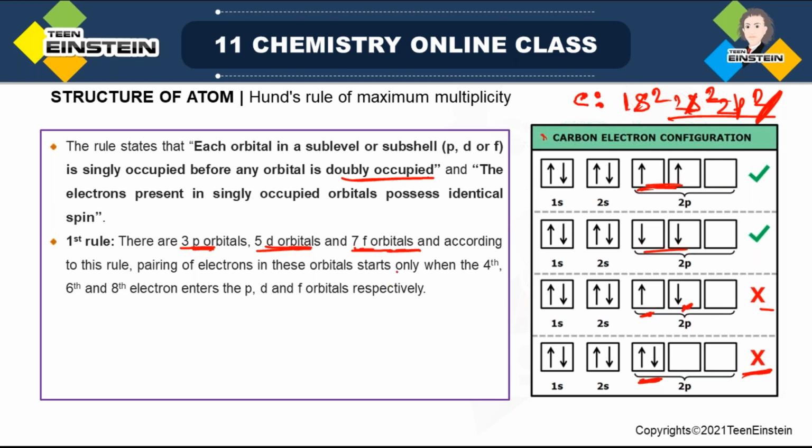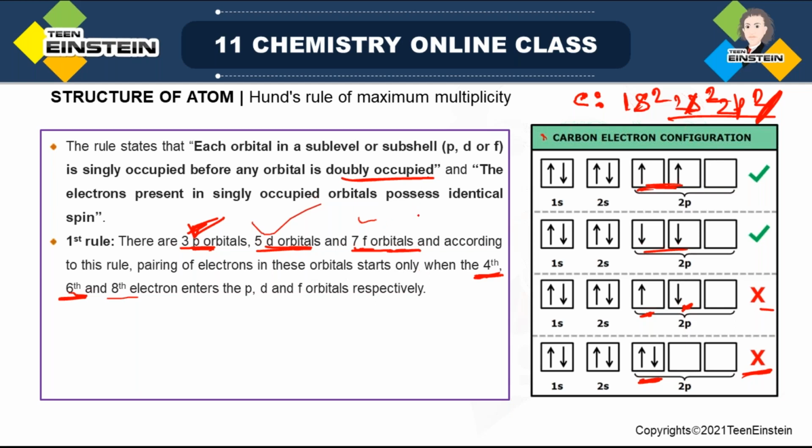According to this rule, pairing of electrons in these orbitals starts only when the fourth electron for p, the sixth electron for d, and the eighth electron for f. Why is it so? Because 5d means there are 5 rooms for single electrons. Once you have placed all these 5 electrons, the sixth one you can place in the first room, then the 7th and 8th like this.